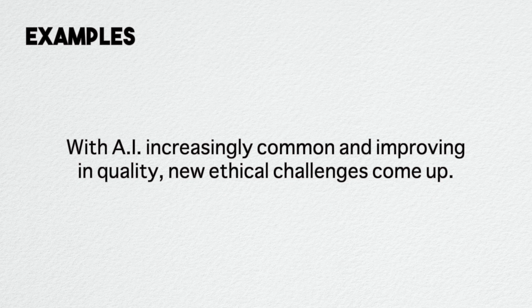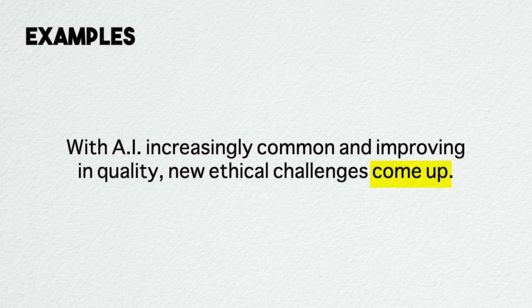Okay, the last one. I'm going to read the sentence again. Tell me what the informality is. With AI increasingly common and improving in quality, new ethical challenges come up. So the issue here is the phrasal verb come up, a phrasal verb being a verb with a preposition after it.